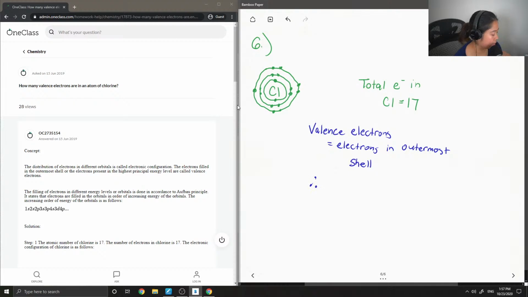So therefore, there are 7 valence electrons in the chlorine atom. That's a pretty simple question.